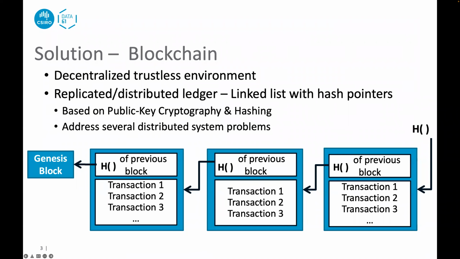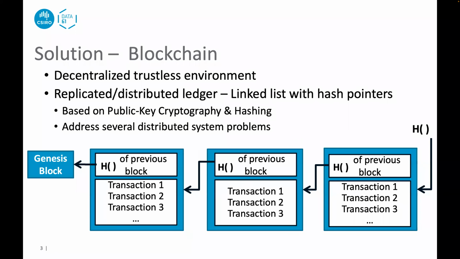Let's say if I change a transaction here, the signature, or fingerprint, of this block is going to change. Because of that, it will have an impact on the next block. Its fingerprint will also change because it always points to the previous block.